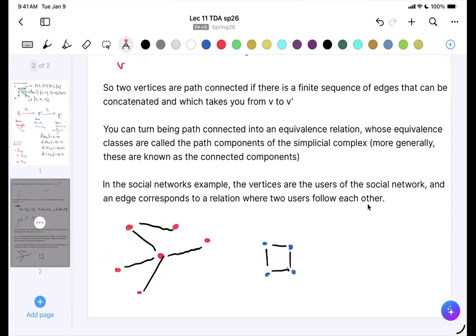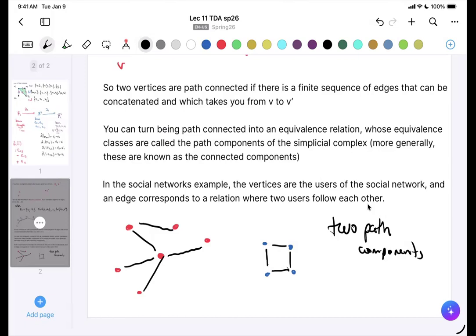If eventually any two of these follow each other, then you're bridging the gap, and now there's only one path component. But in this example, there would only be two path components, right? That making sense? So far, so good.